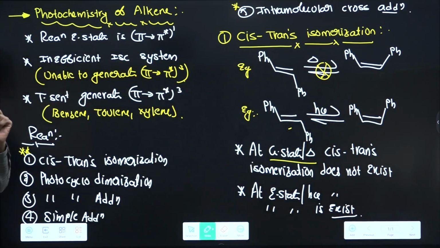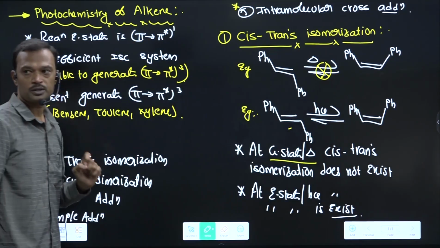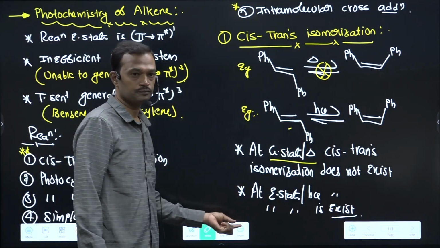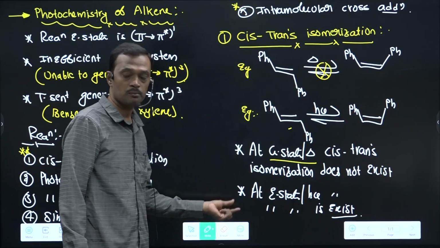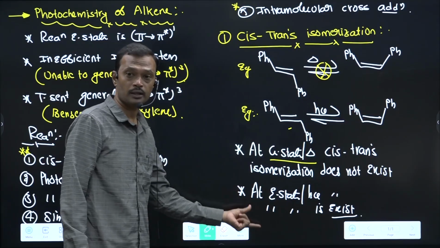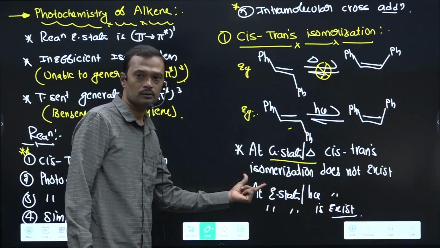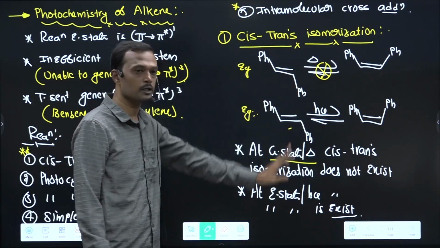This point is very important for the next topic. One more topic is upcoming, and there I will ask this question. Cis-trans isomerism for a simple olefin is possible under photochemical, not under thermal. Thermally not possible, photochemically it is possible.